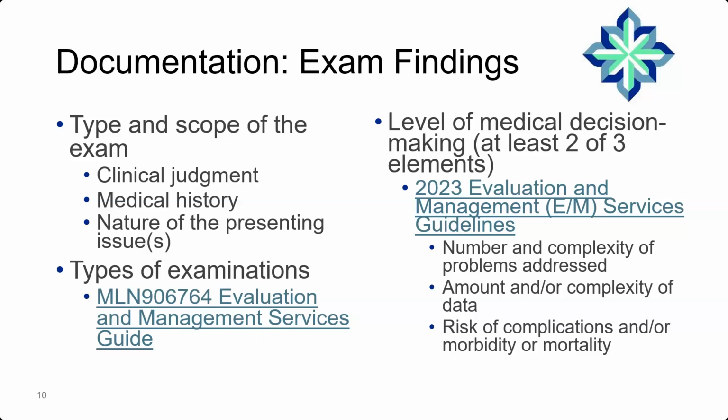These elements include number and complexity of problems addressed at the encounter, amount and/or complexity of data to be reviewed and analyzed, and risk of complications and/or morbidity or mortality of patient management. To be eligible for a specific level of medical decision-making, the physician or qualified healthcare professional must meet or exceed at least 2 of the 3 elements at that level. These elements guide the provider in determining the appropriate examination and management of the patient.